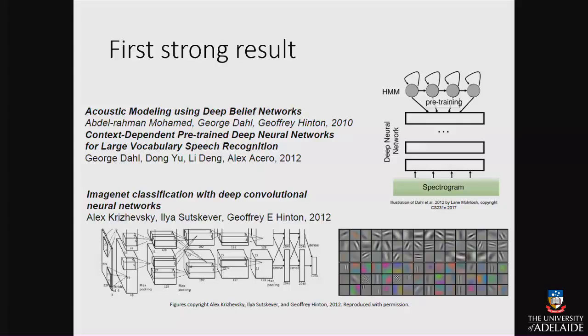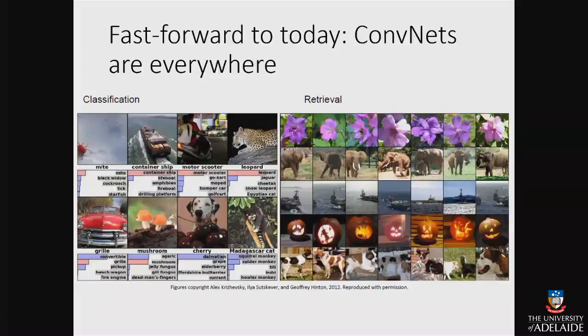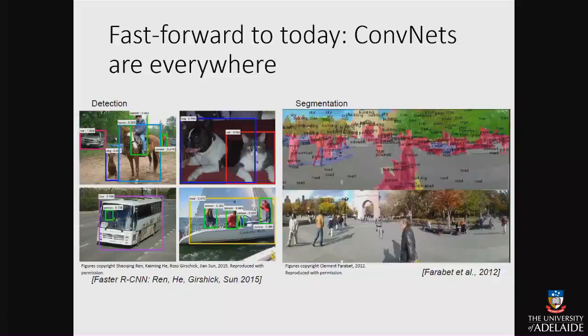This is the first strong result of using deep neural networks, just in 2012, nearly 10 years ago, but in a short time, it's totally different. After that point, convolutional neural networks are everywhere, from image classification to the image retrieval problem, and from object detection to the segmentation problem.